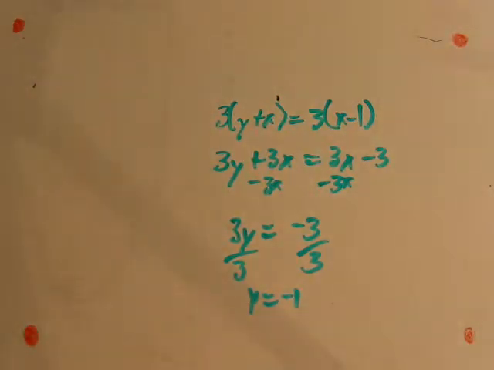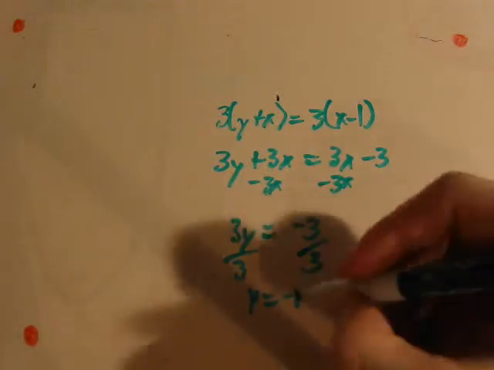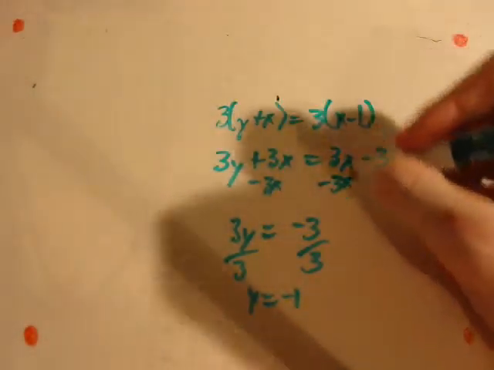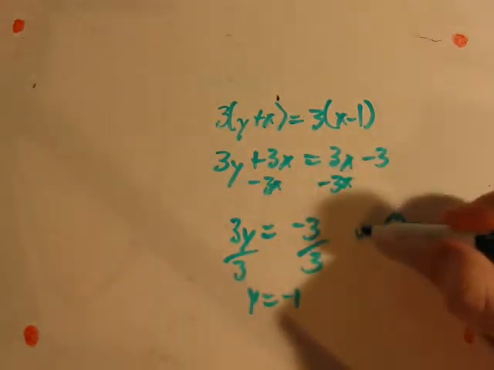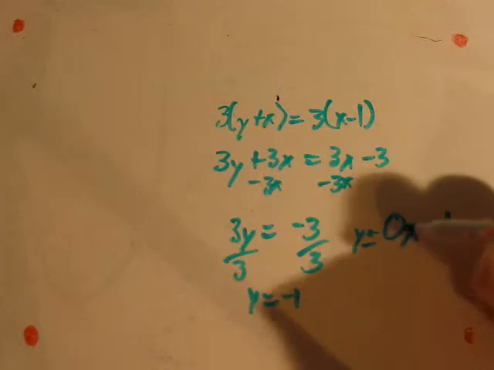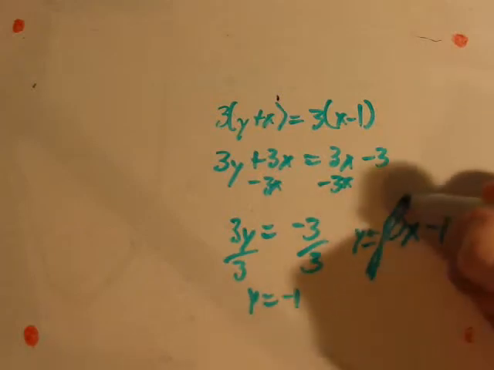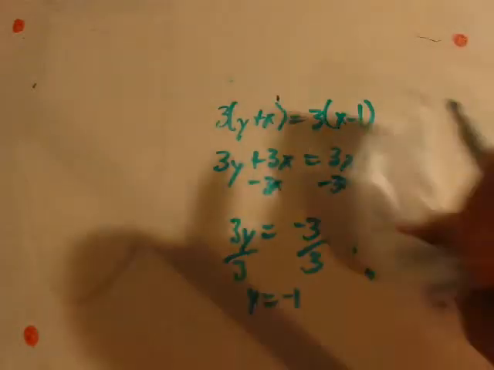Y is negative 1. What's the slope here? 0. There is no slope. Why? It's 0x minus 1. That means there's no slope for the x.